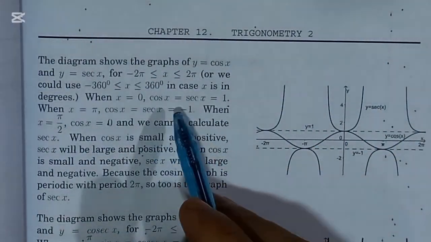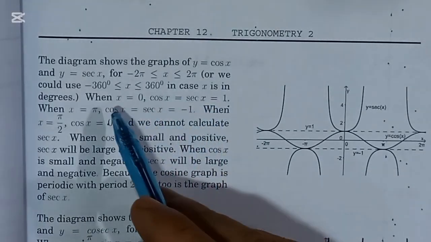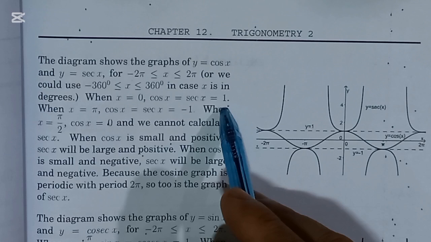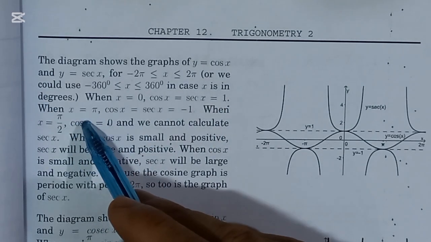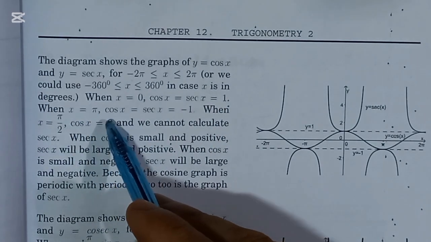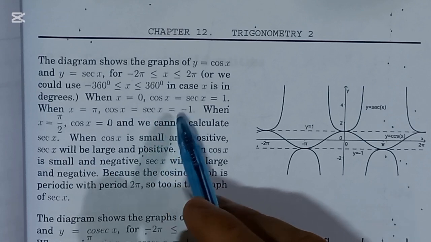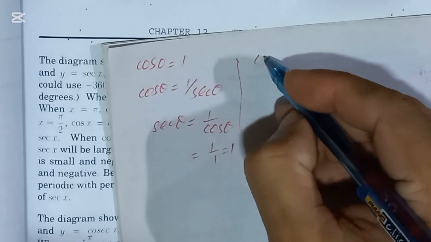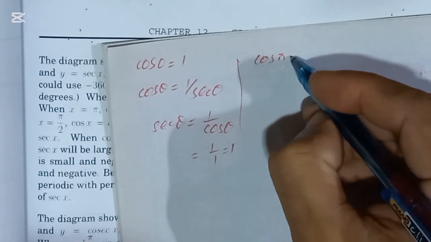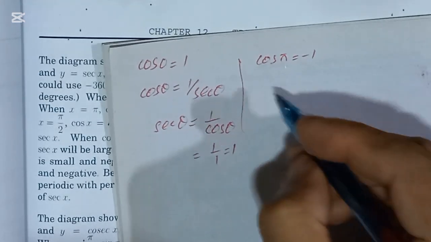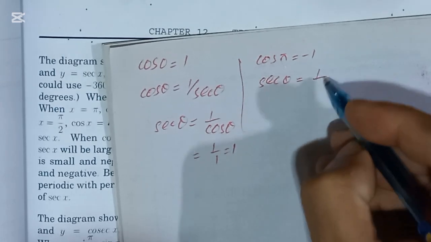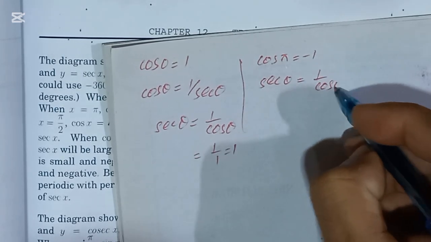So look now. When x is equal to 0, cos x and secant x are 1. When x is equal to pi, cos x and secant x are minus 1, because cos pi is minus 1 and secant is equal to 1 over cos.